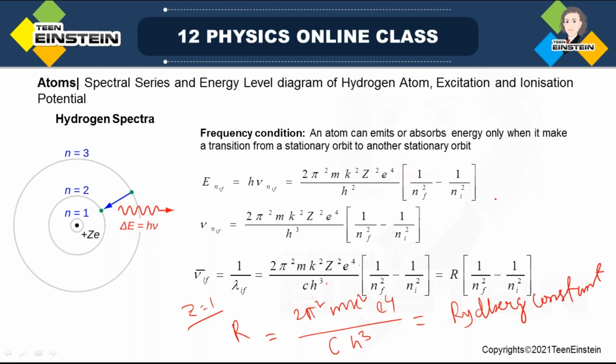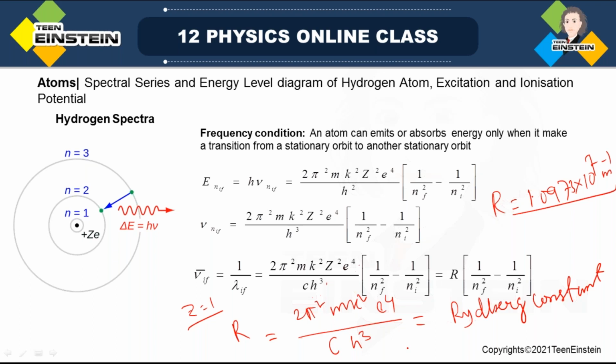This Rydberg constant has the value 1.097 into 10 to the power 7 per meter. So this is called Rydberg constant, and its value will be given in your exam.